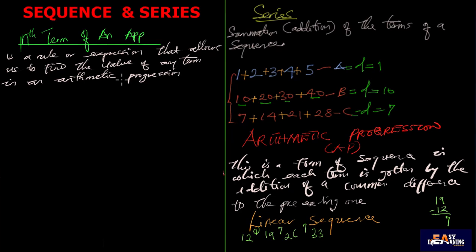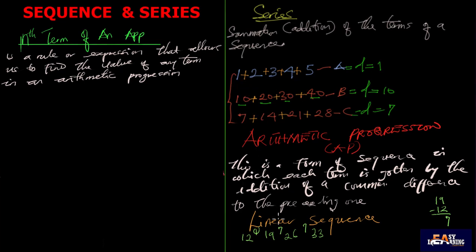So just think of the nth term as the formula that helps us to find the value of any term in an arithmetic progression. We are going to look at how to get this term together. And now there is something that we need to know.